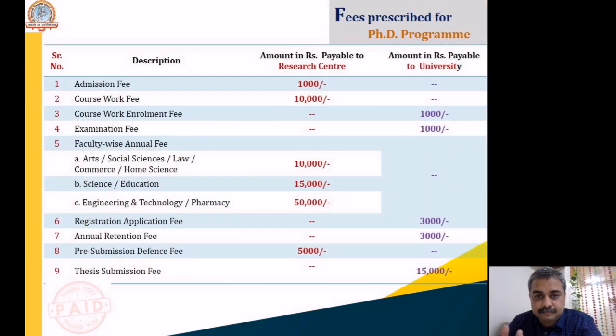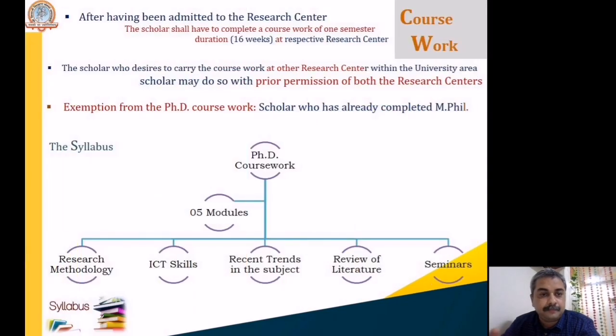So the chart is here, that is the fees prescribed for the PhD program, and as per the subject area, the faculty wise, the annual fees is given, which the student has to pay to the research center, and the amount that is payable to the university. So this is the chart available on the university website.